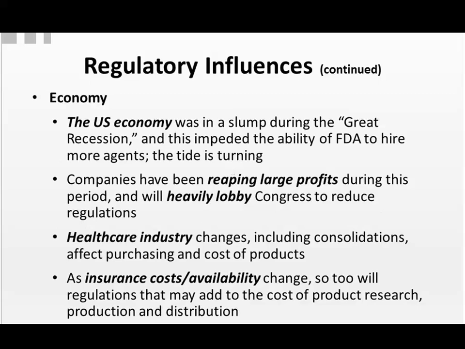Also, as insurance costs and availability change, so too will regulations that might add cost to each product based on the cost of research, production, and distribution. All of these economic factors will have some influence on how the FDA is looking at industry.